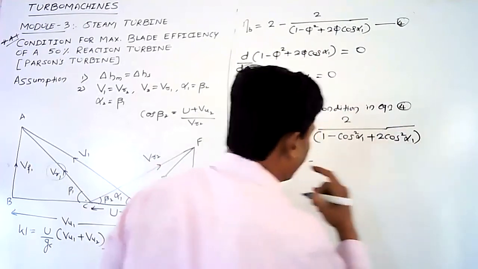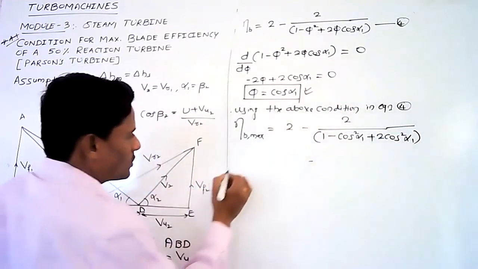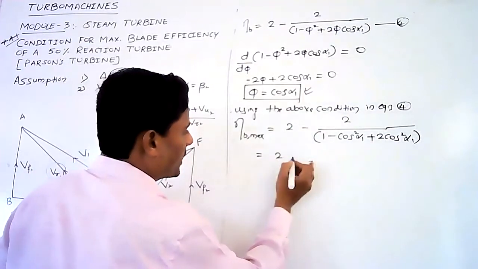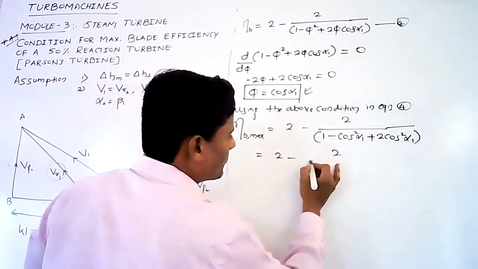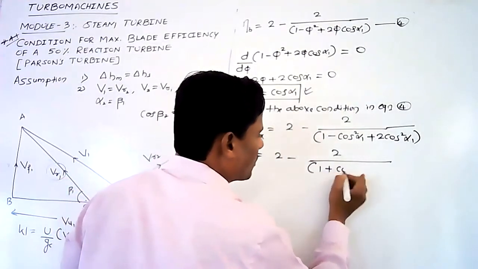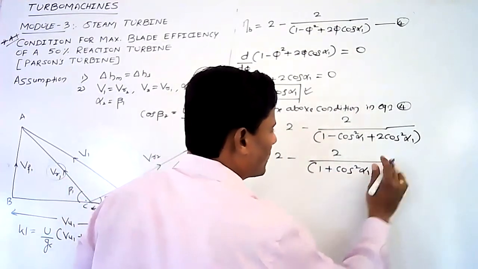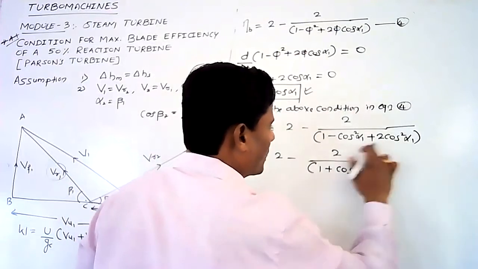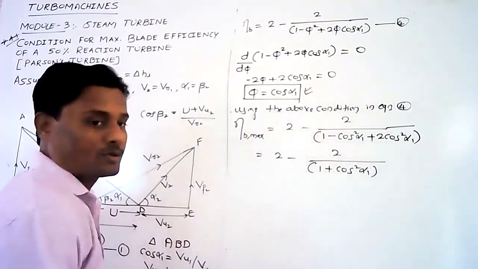So the maximum blade efficiency is 2 minus 2 divided by 1 plus cos square alpha 1. See, 2 cos square alpha 1 minus cos square alpha 1 is cos square alpha 1.